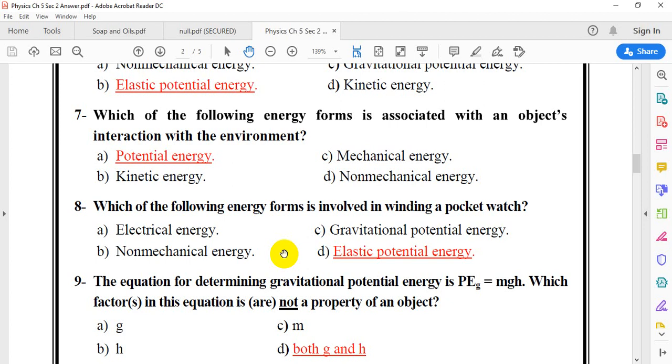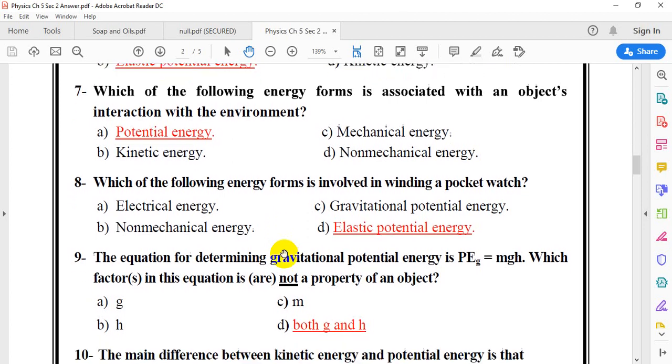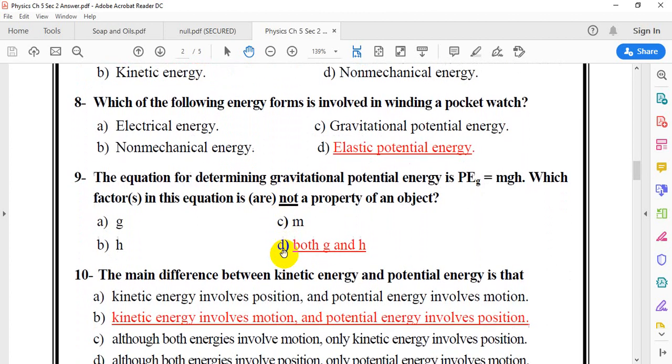The equation for determining gravitational potential energy is PE equals mgh. Which factors in the equation are not a property of the object? Both g and h. Here PE gravitational equals mgh.